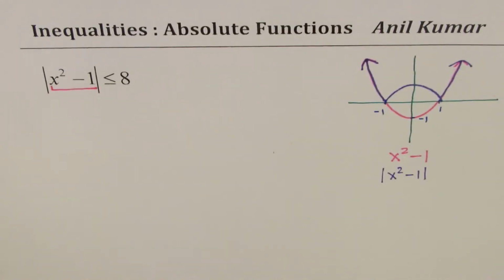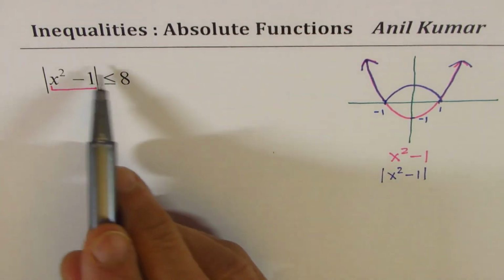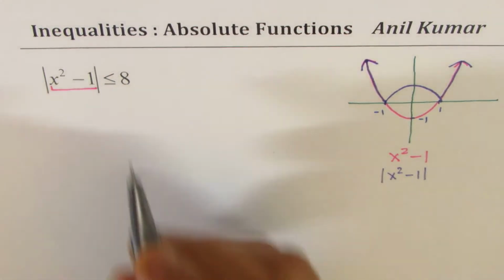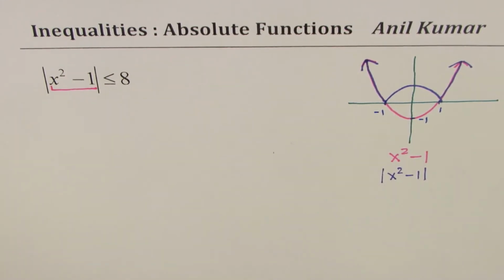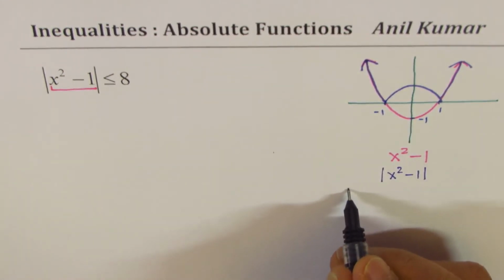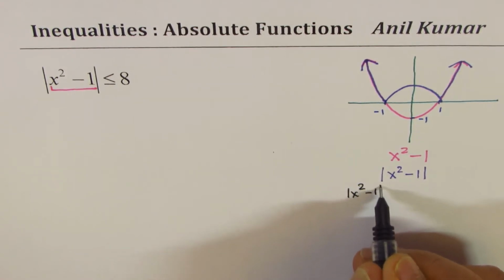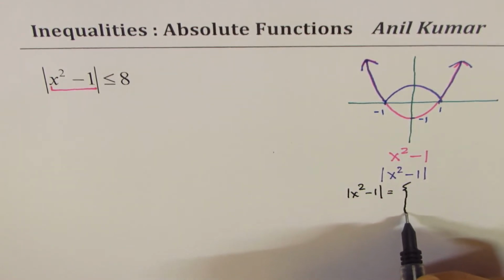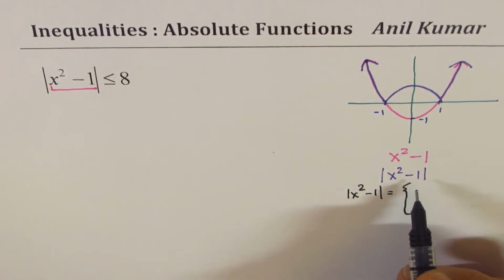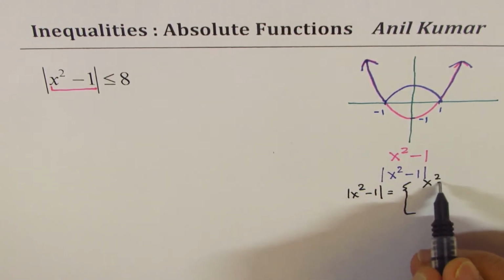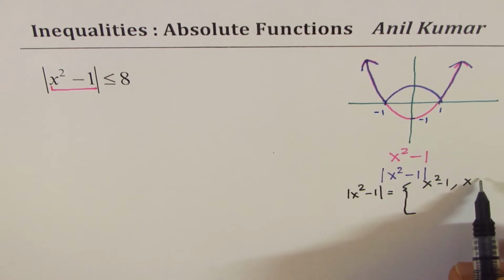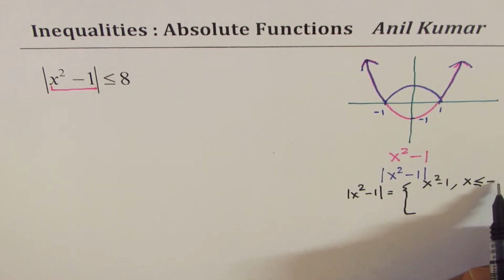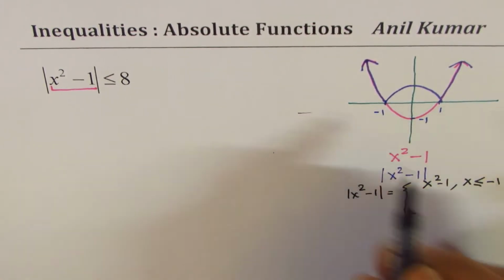And therefore, I could redefine this particular function, let me show the definition here itself, I could write the absolute value of x squared minus 1 as two pieces. One piece is the same as x squared minus 1, and this happens when x is less than or equal to minus 1, this side, right?